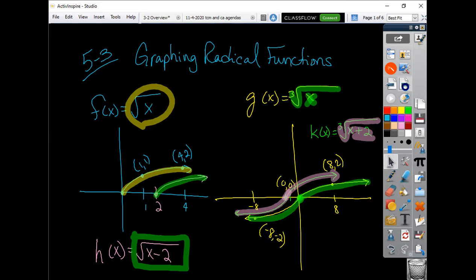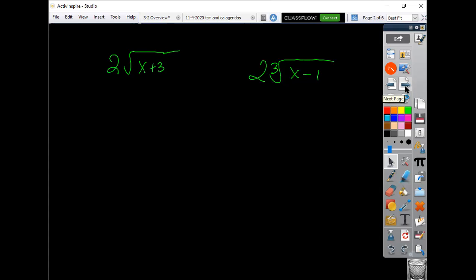Continuing from there, well, what would these look like? So if you have your first graph over here, and sometimes I still like to put the parent graph on there, what if it was a square root of x? Kind of gives you a little bit of orientation, so that would look like that, right?